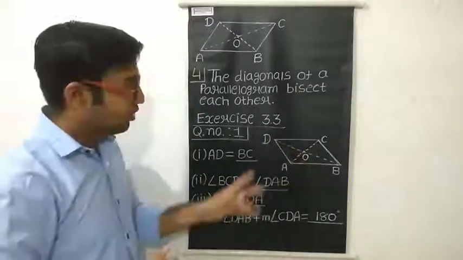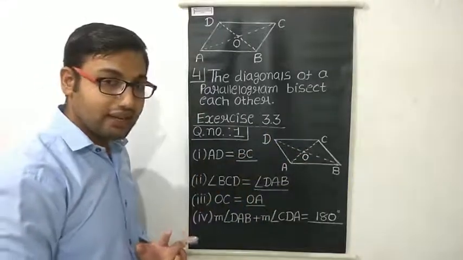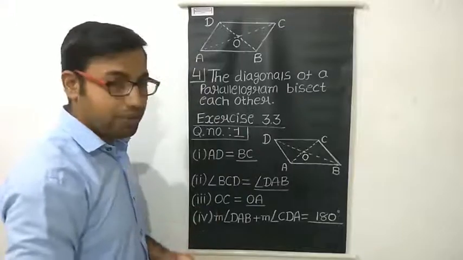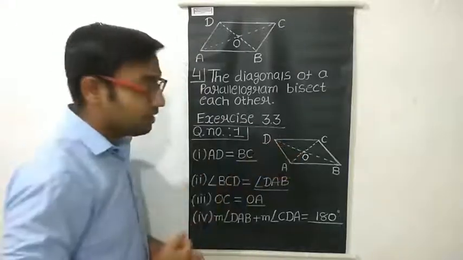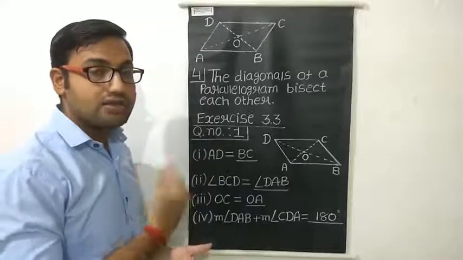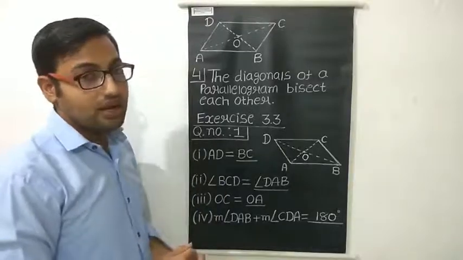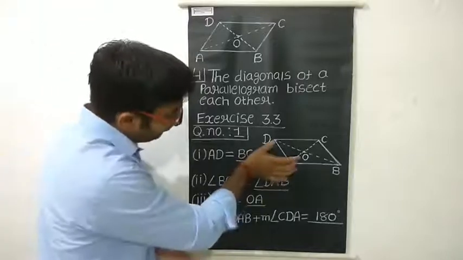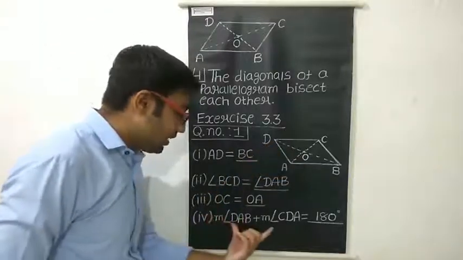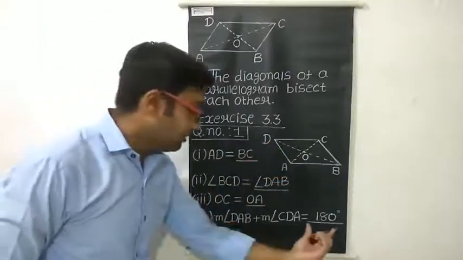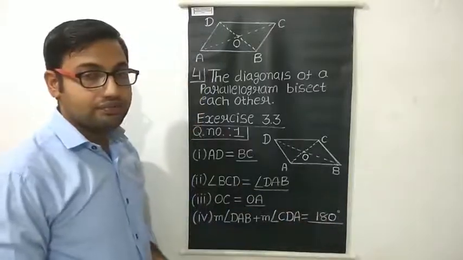Both these angles, notice that both are adjacent angles, and according to the angle property, the adjacent angles of a parallelogram are supplementary. Supplementary means the addition of both the angles is 180 degree. So if we add the values of both these angles, we will get 180 degree.